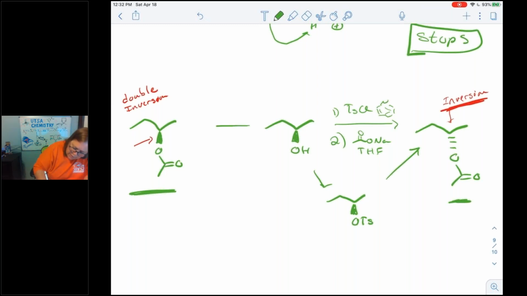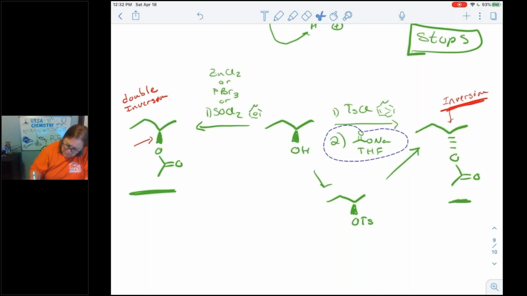Whereas this pathway, I could use SOCl2, pyridine, or if you prefer, PBr3 or zinc chloride. So any of these substrates will give me halogenation under SN2 conditions. All of the halogens will give me what? A good leaving group. And then again, part 2 would be exactly the same.